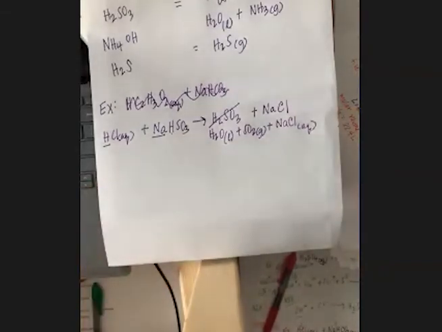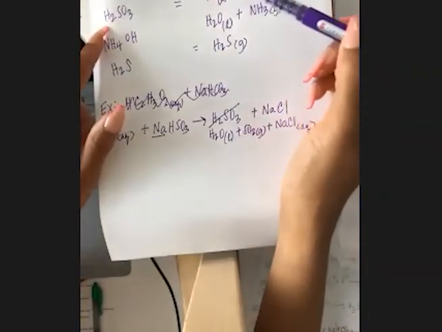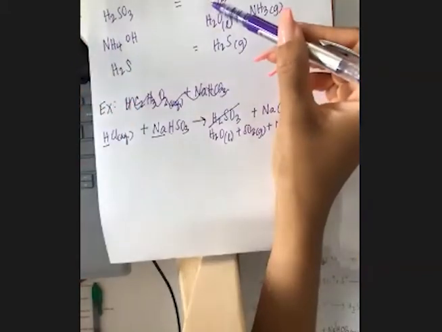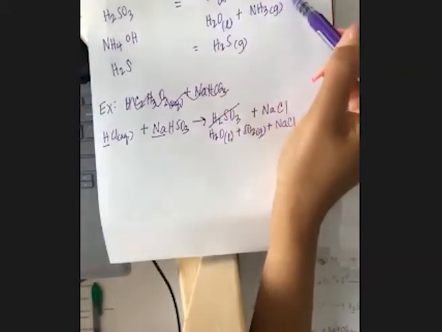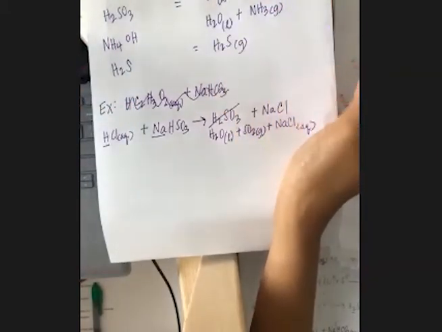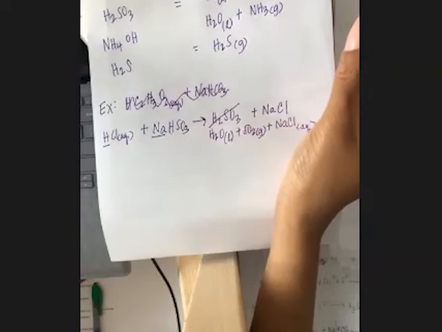Does that make sense, guys? We just followed this table up here. We saw we had H2SO3. Instead of writing that out, I wrote this instead. Sandra, does that help you?